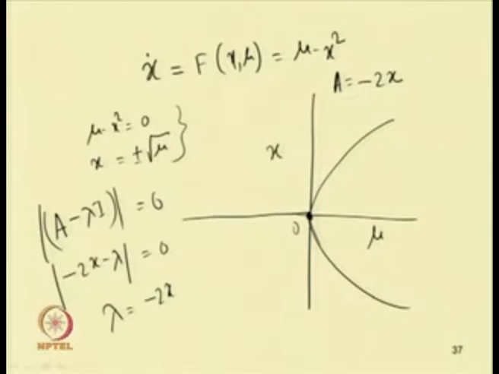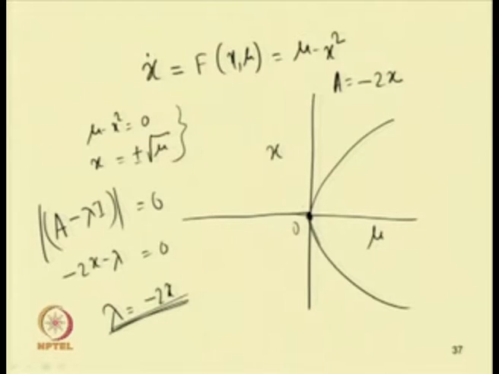As A equal to minus 2x, A minus lambda I equal to minus 2x minus lambda equal to 0, so lambda equal to minus 2x. The eigenvalue becomes minus 2x. So, at mu equal to 0, x equal to 0, we will have a 0 eigenvalue.